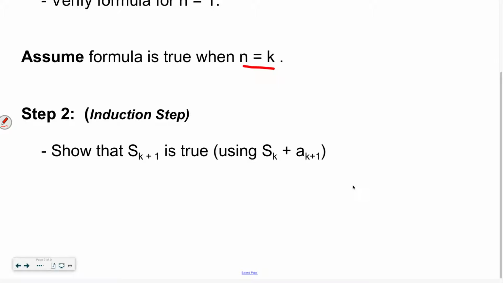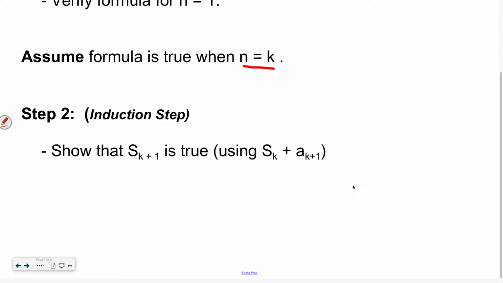You have to show S sub k plus 1 is true, and you're going to show that using S sub k plus a sub k plus 1. And if you can do those two things, then you know it's true for everything.